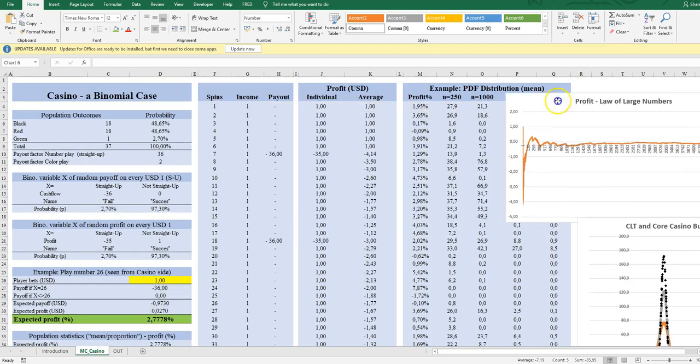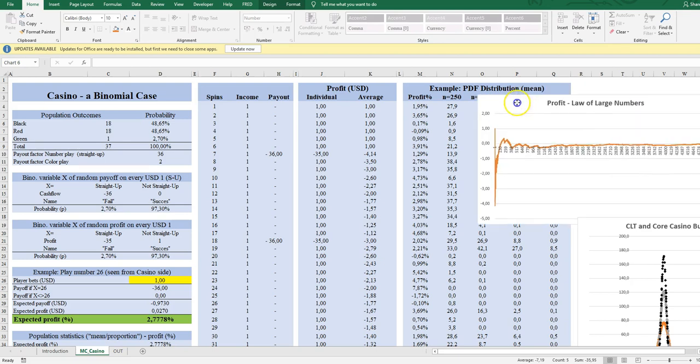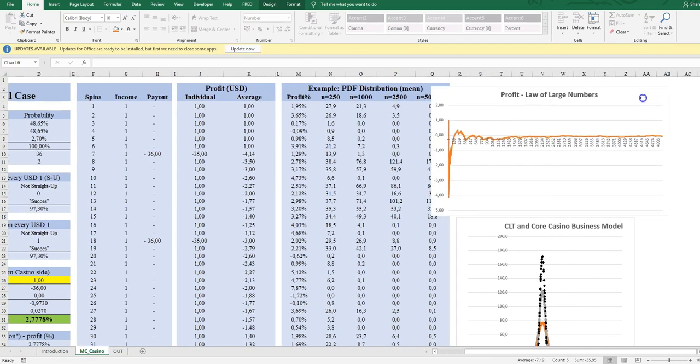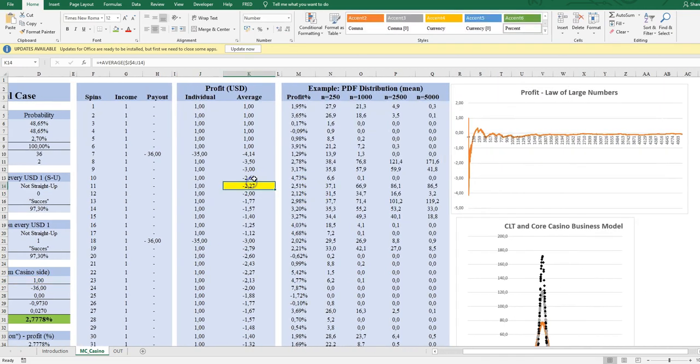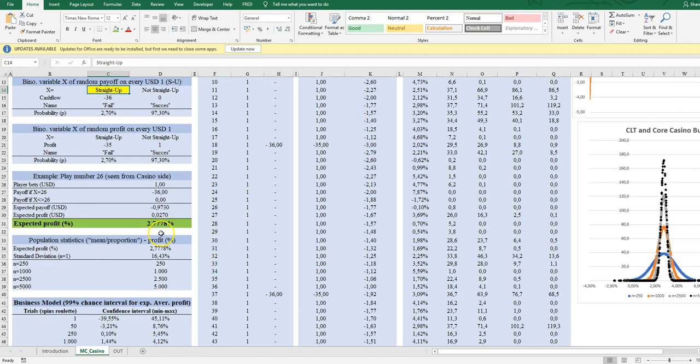So here you have the law of large numbers governing the long run or many spin dynamics, and you will see after some initial volatility it settles towards the population value of 2.778, and I have put it in here.